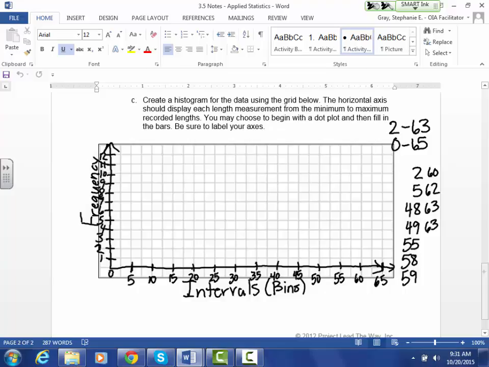Okay. So we're going to look at our data and see how many numbers are between 0 and 5. How many numbers are between 0 and 5? 2. These two. So we're going to make a bar that goes up to 2. Like that. Okay?